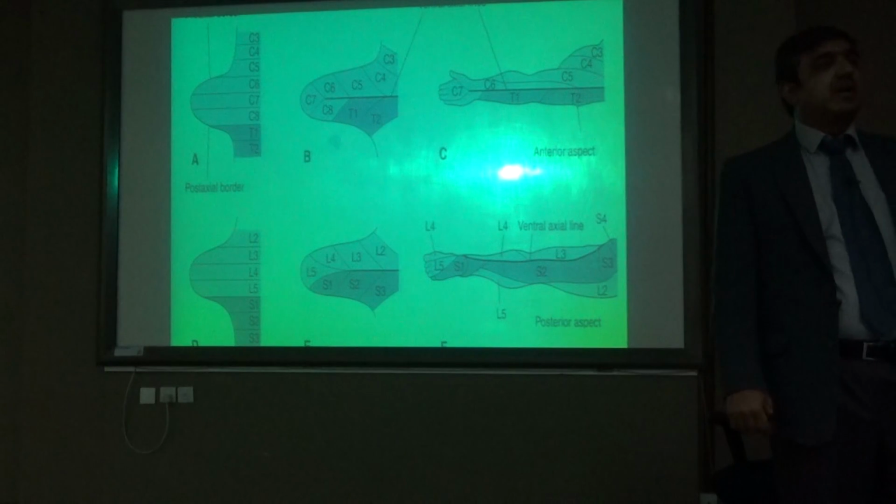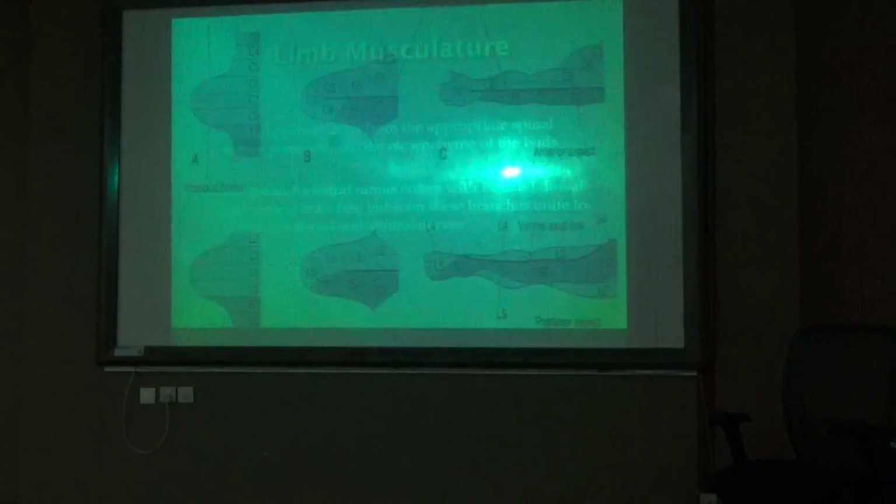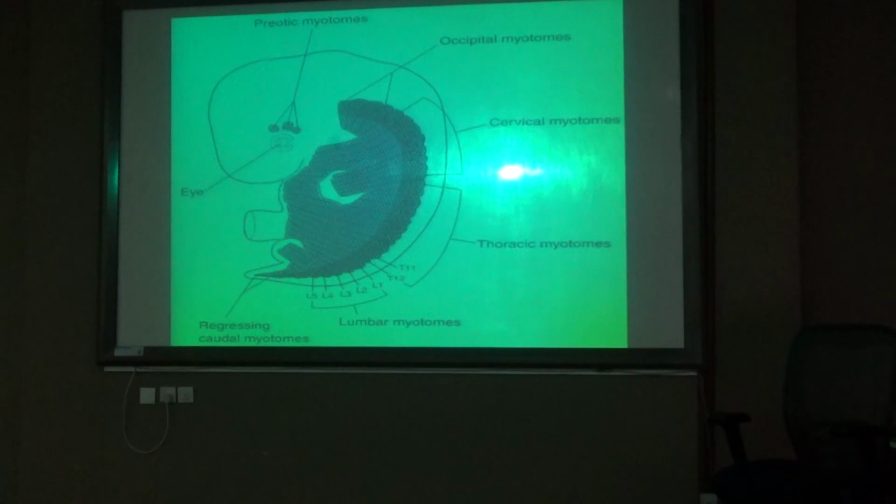Just look at the picture and understand. Limb musculature. Upper limb, lower limb. Limb bud. Look there. What do you understand? All these muscles: occipital myotomes, cervical myotomes, thoracic myotomes, lumbar myotomes.